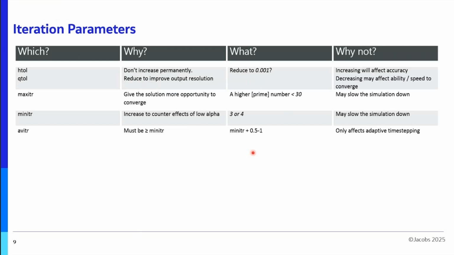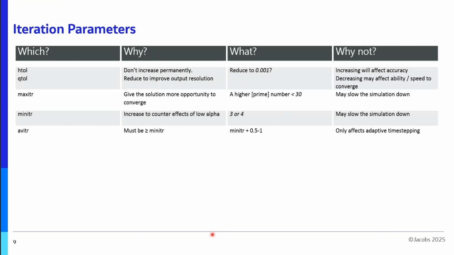So if you are not satisfied, you could potentially increase it up to min-iter plus 1. Now, if you've got some issues with troubleshooting and your model crashing, please consider switching back to a fixed time step, where you've got this detailed iteration and more control on the time step in essence.